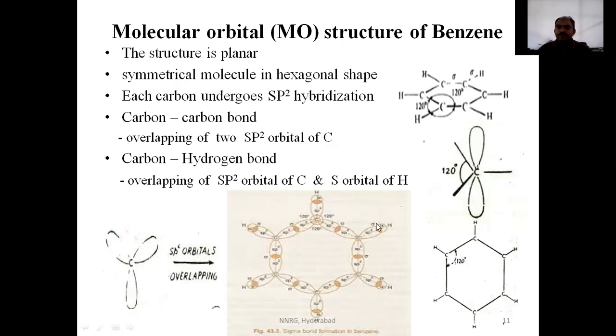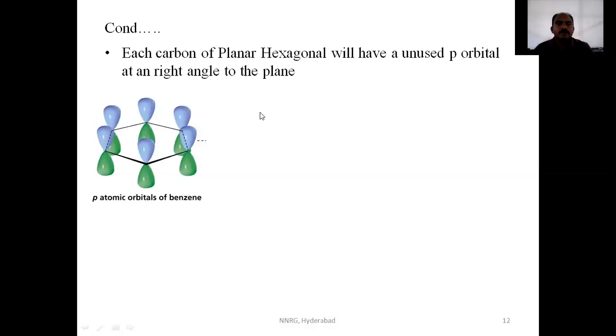Carbon valency is 4, and it has already formed one bond with hydrogen and two bonds with carbon. There is one unhybridized p orbital on each carbon. So each carbon in benzene will have one p orbital on the planar hexagonal structure, which is not used for bonding. These p orbitals have one electron each, and this one electron in the p orbital will overlap with the adjacent p orbital in a side-by-side overlapping to form a pi bond.